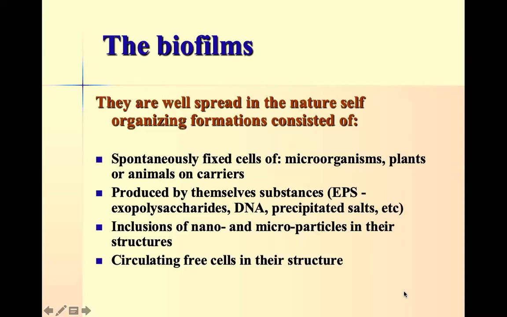They are well spread in nature, self-organizing formations consisting of spontaneously fixed cells of microorganisms, plants, or animals on carriers, and produced by themselves substances, that means EPS, exopolysaccharides, DNA, and precipitated salts to form the biofilm. Inclusions of nano and microparticles in their structure, circulating free cells in their structure.